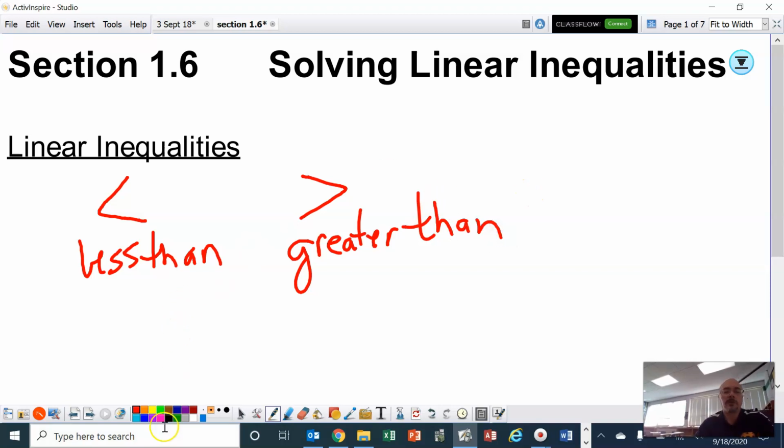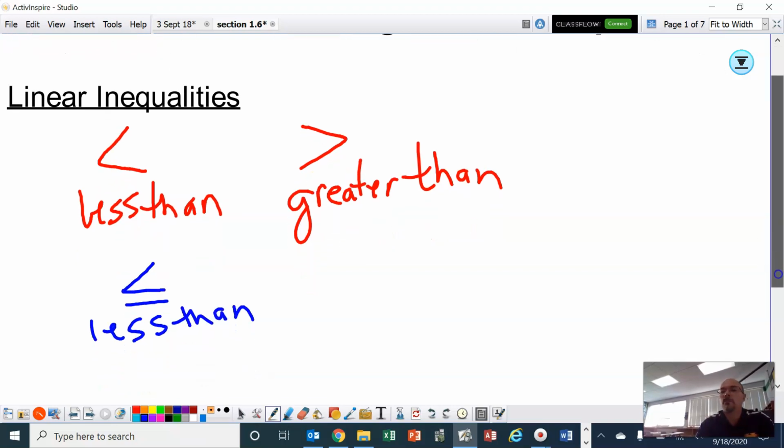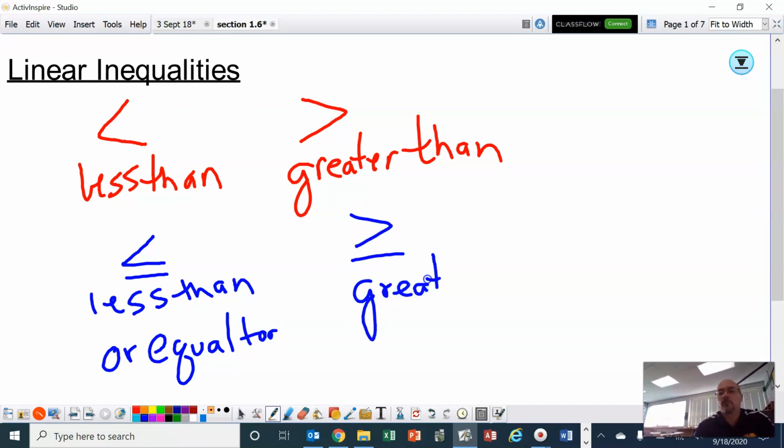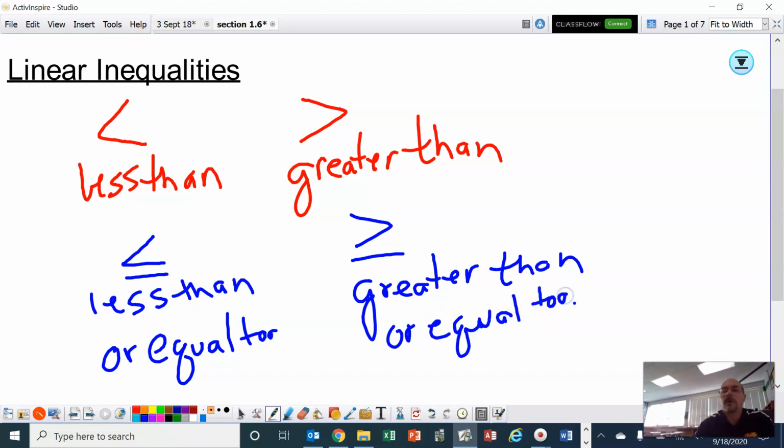Okay, you also need to remember that we could have a less than or equal to. Greater than or equal to.